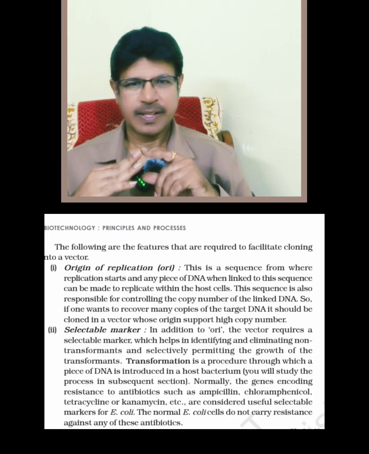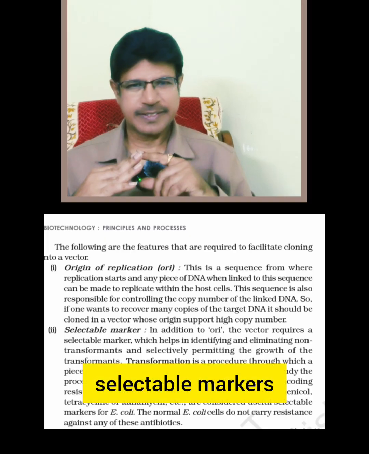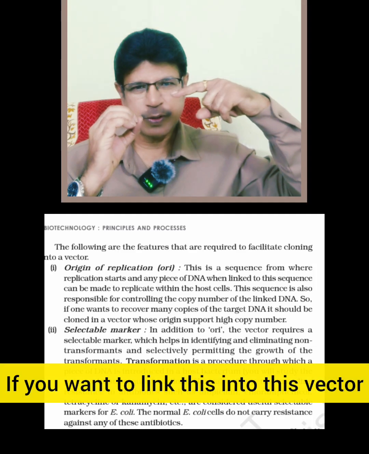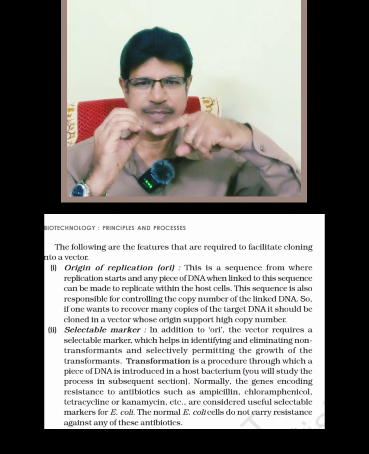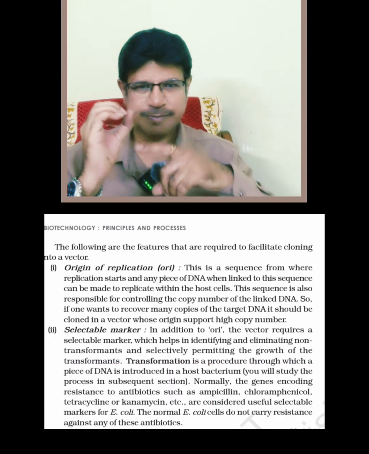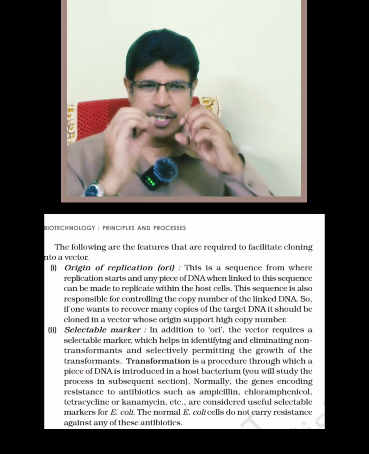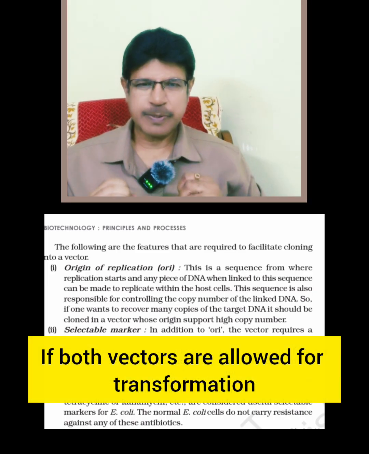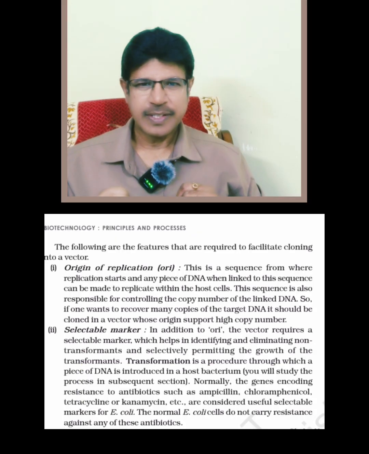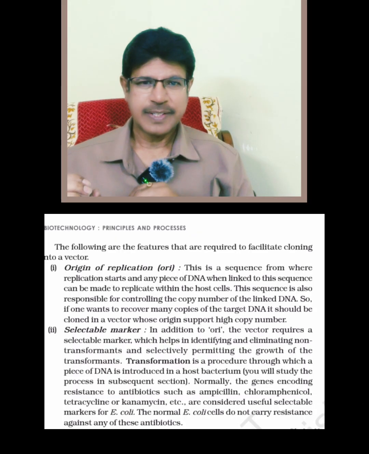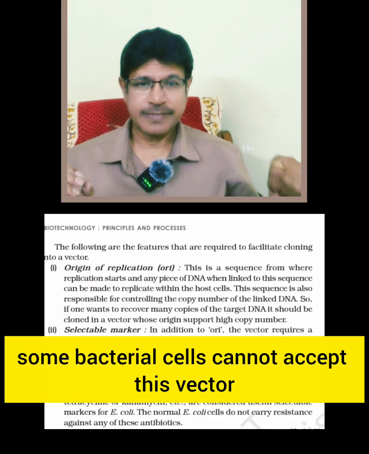Next, selectable markers. Suppose it is a vector, and here is the foreign DNA. One vector can accept this DNA, and another vector cannot accept it. If both vectors are allowed to transform bacterial cells, some bacterial cells can accept the vector, and some cannot.